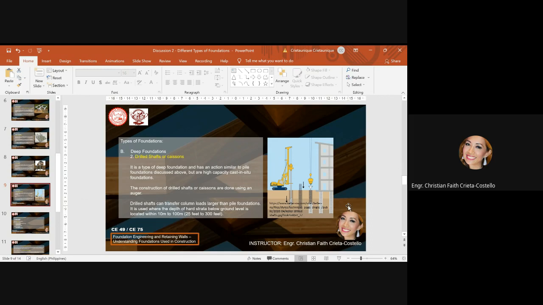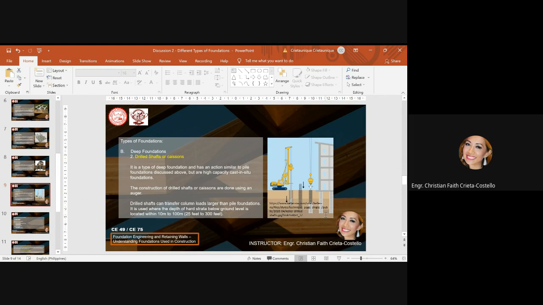Drilled shafts can transfer column loads larger than pile foundations. They are used where the depth of hard strata below ground level is located within 10 meters to 100 meters, or 25 feet to 300 feet deep.